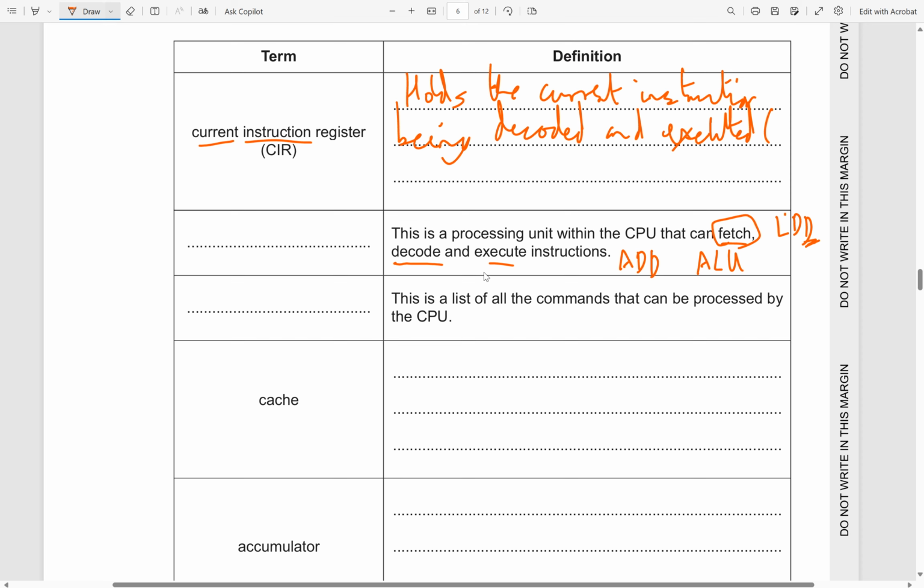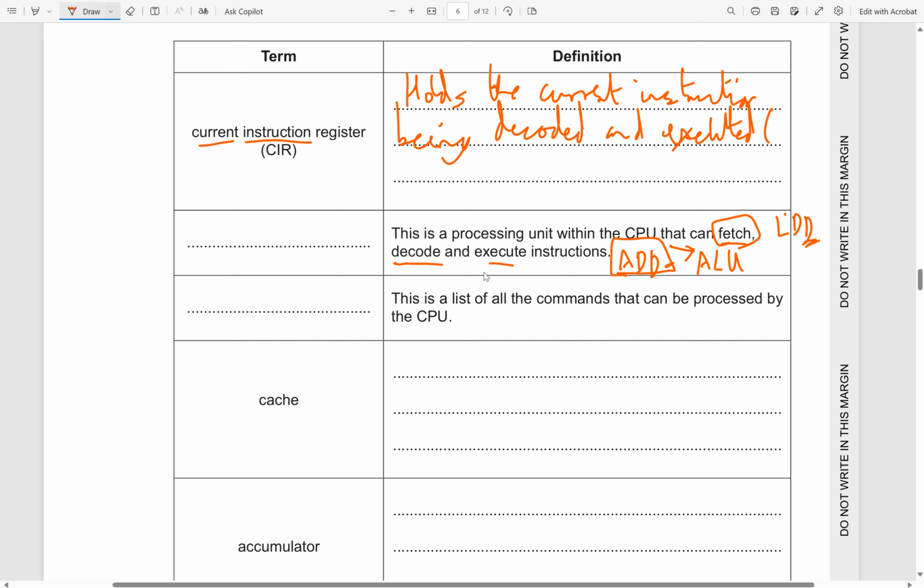So how this relates back to the control unit is that the control unit is going to be responsible for sending the signals. If we've decoded the instruction and we realise that it's an add instruction, then the control unit will send a signal to the ALU, telling it to add the current contents of the accumulator with whatever is stored in this add instruction.